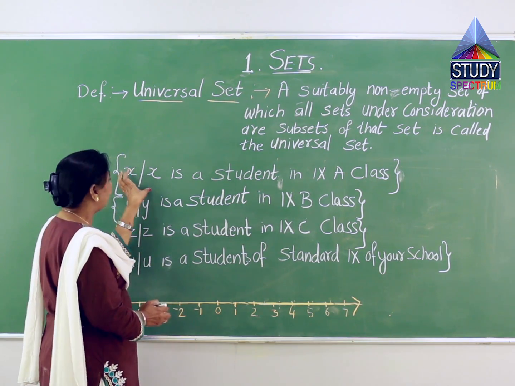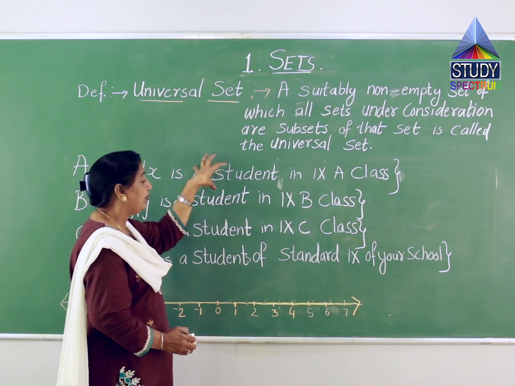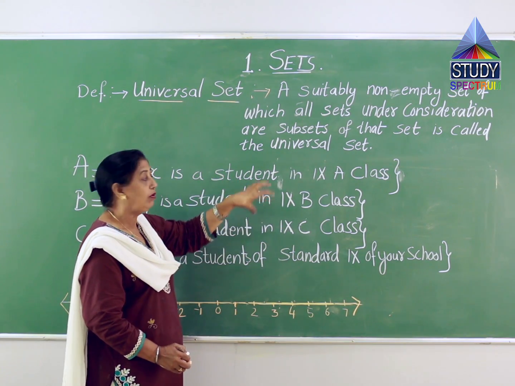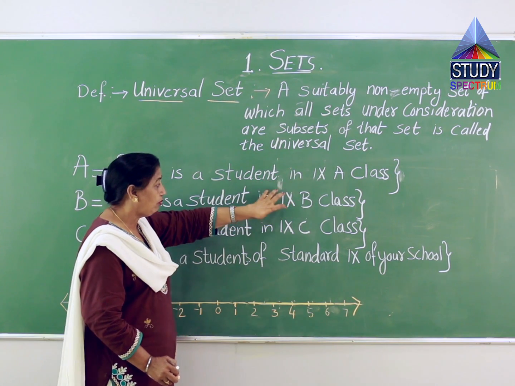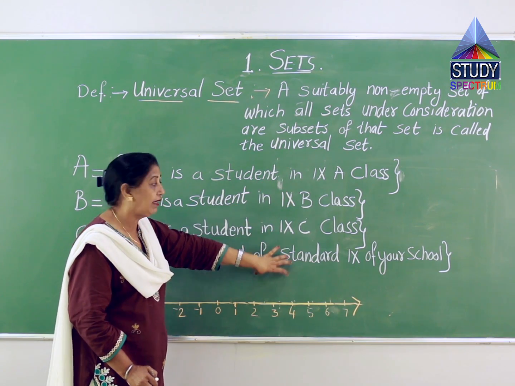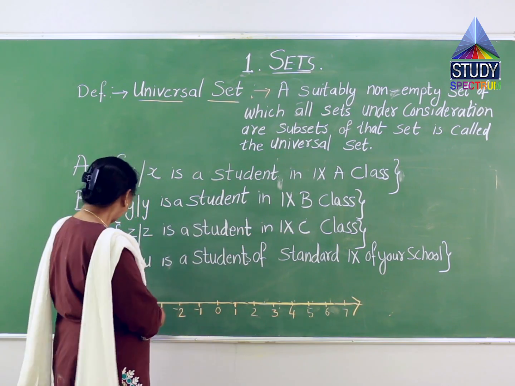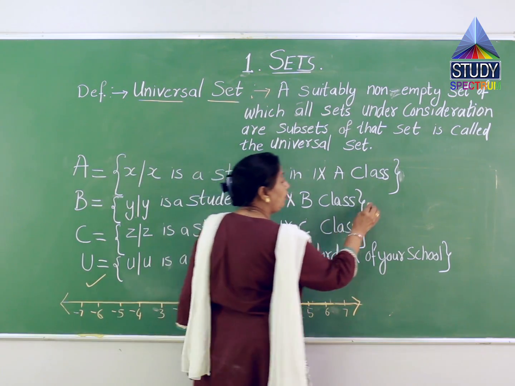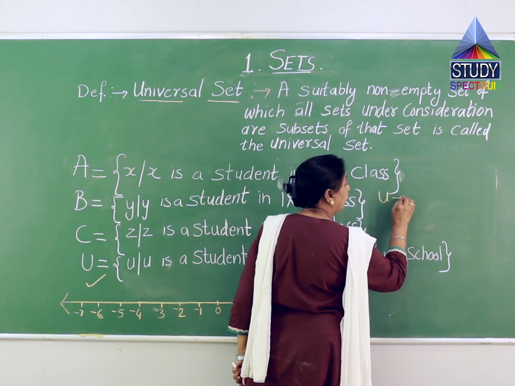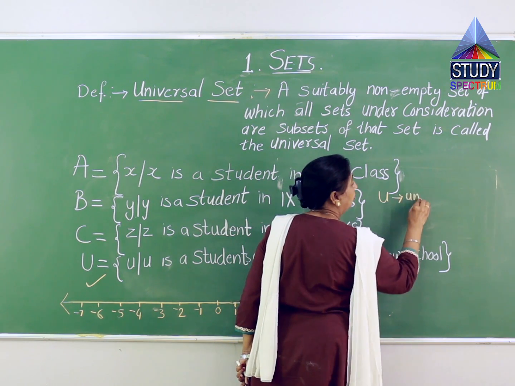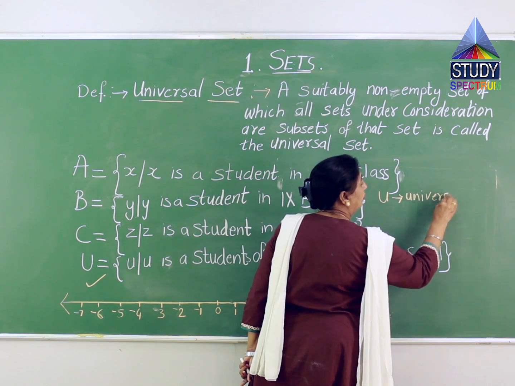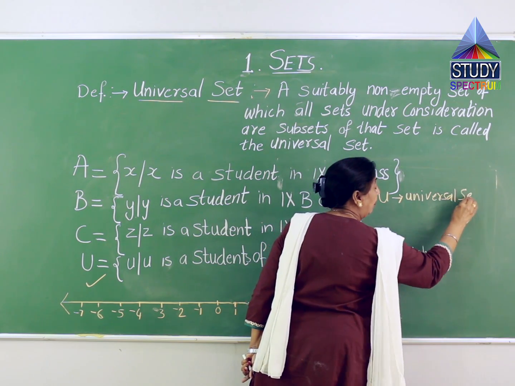These students I am taking from 9th grade, only A division. These students also I am taking from 9th grade, that is from B division, and this is C. So I can write this as U is a universal set. Why is it a universal set?